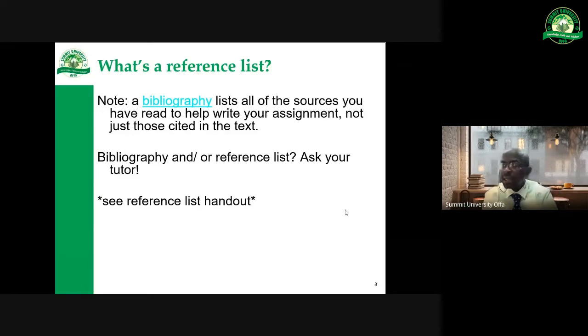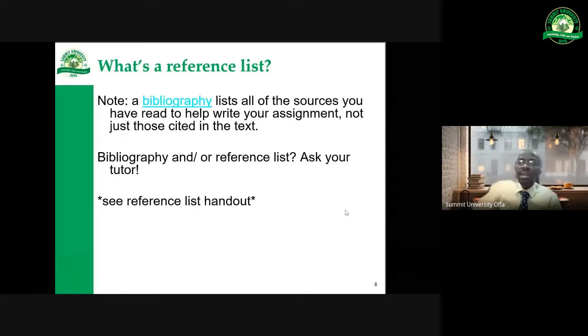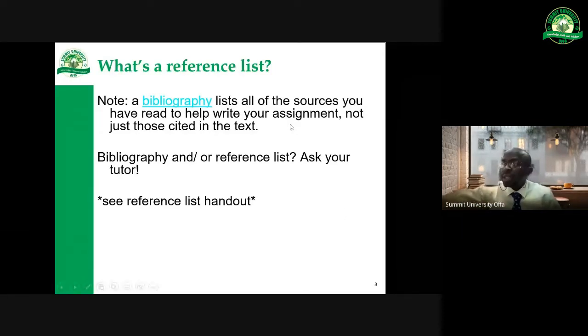So let's take a minute or two for that. At what point do you think you must cite? So I'm going to pause here just to allow for feedback. You can unmute yourself, or you can type it, or you can use the raise hand icon, then I will call you. At what point do you think we should cite? So that is the question.